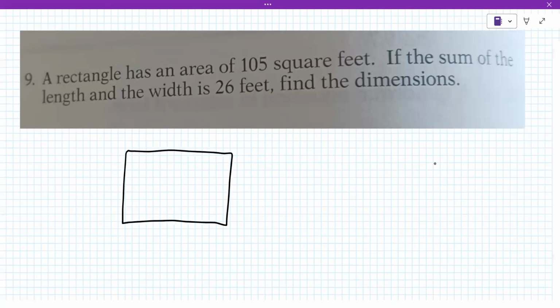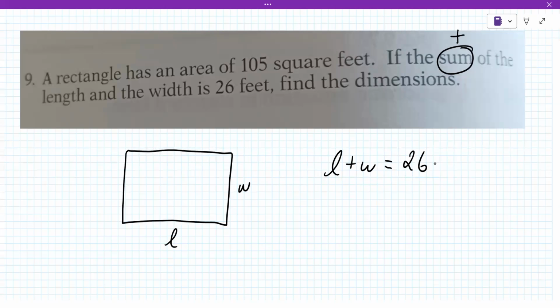If the sum of the length and the width, sum means they add, so L plus W is 26. Do you follow that? But the area, which is L times W, is 105.